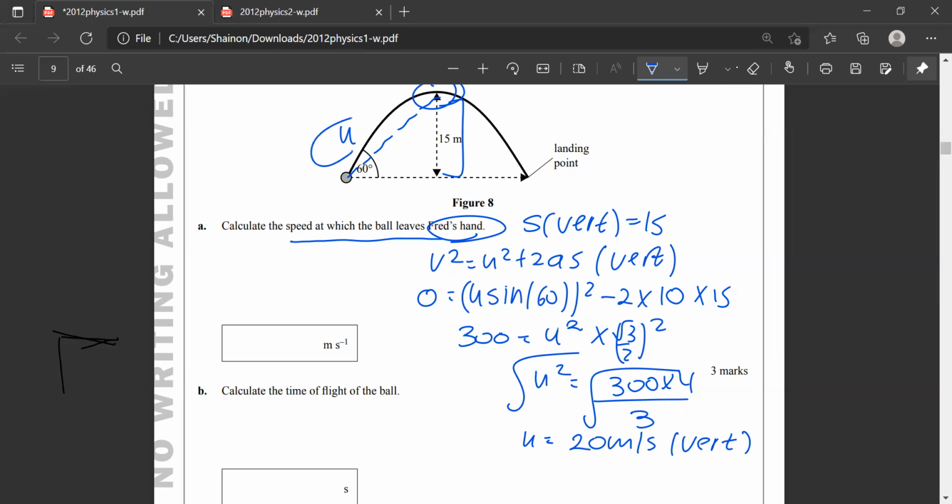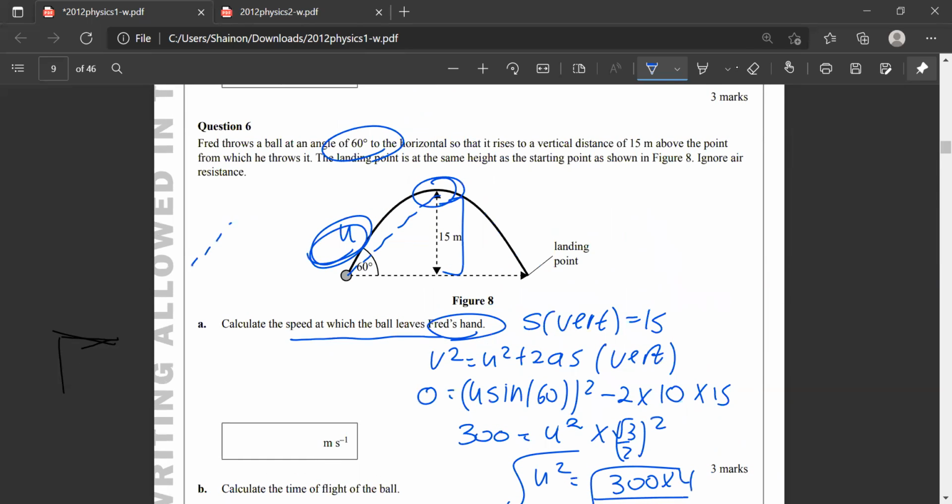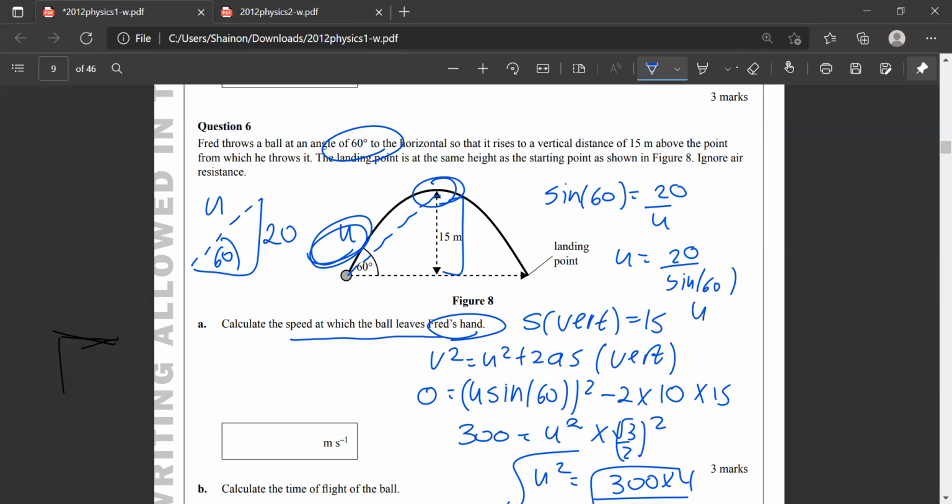We need to find it when it's resolved. So U is 20, and this angle is 60. So then using sine 60, 20 over U equals 20 over sine 60. So then U equals 20 over sine 60, which is 23.